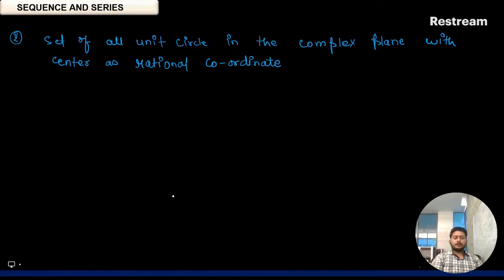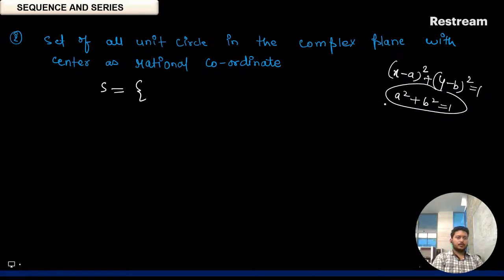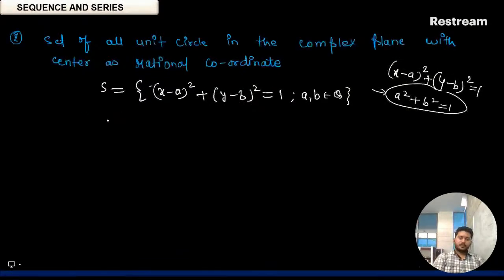Take a set S equal to the set of unit circles in the plane, given by (x − a)² + (y − b)² = 1, where a, b belong to Q. So the cardinality of S is that of Q × Q, which implies S is countable.